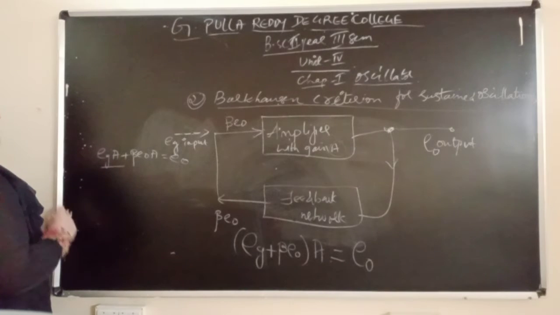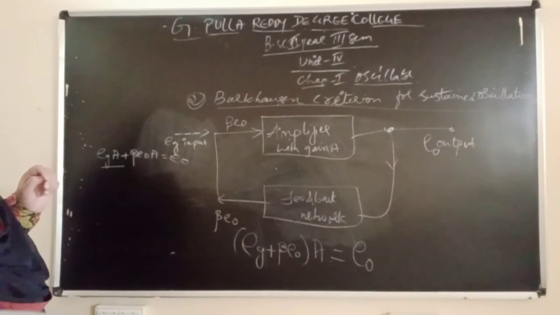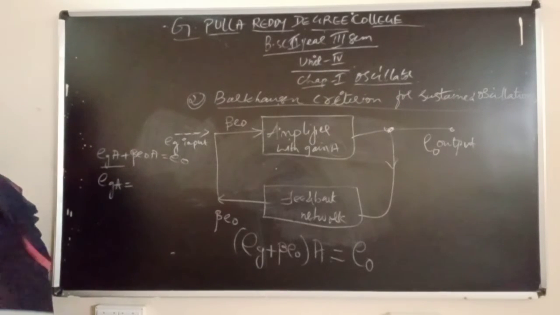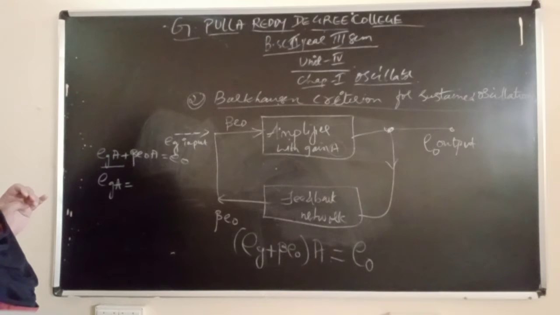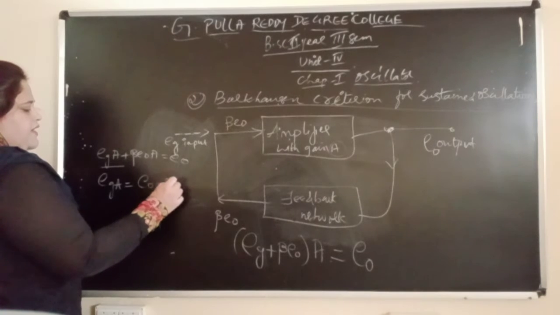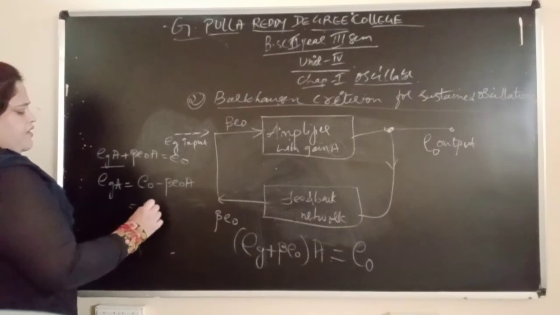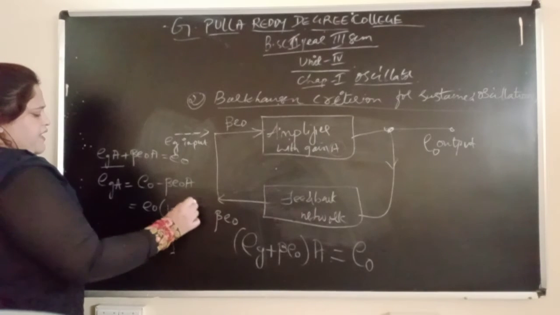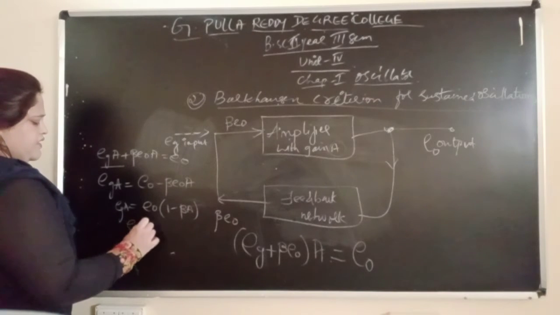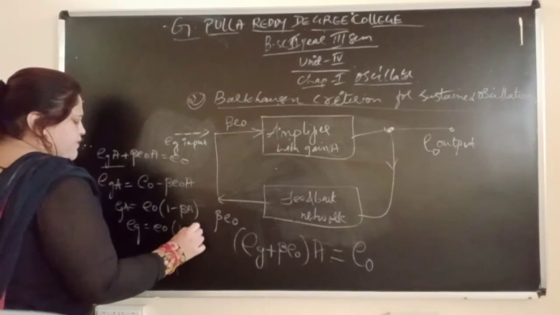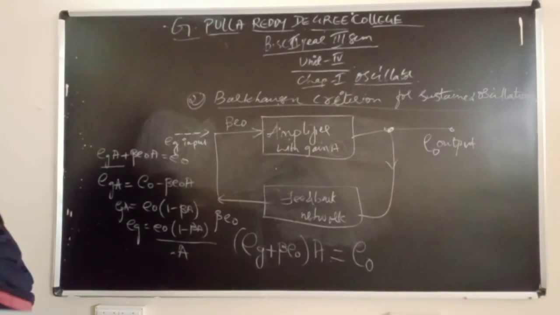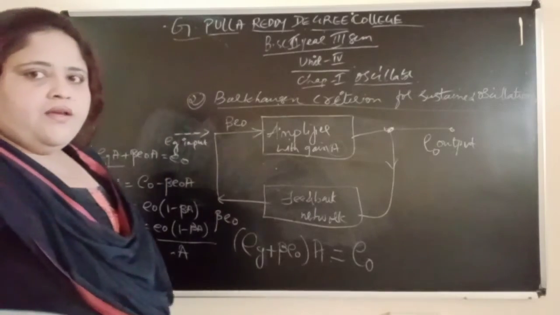Now, what is important for us? Eg is important for us, so we will bring Eg outside. Eg A equals E naught minus beta E naught A. Now E naught you will take common, 1 minus beta A. So Eg A equals E naught times (1 minus beta A), and Eg equals E naught times (1 minus beta A) by A. Now you should be very careful.